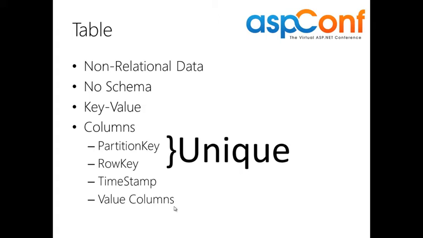What that means to you is that as you're querying your tables, a query among the same partition key tends to be very fast because they're all in the same node. But if you're querying across multiple partition keys, that tends to be very slow because you'll have to search across multiple nodes within Azure.